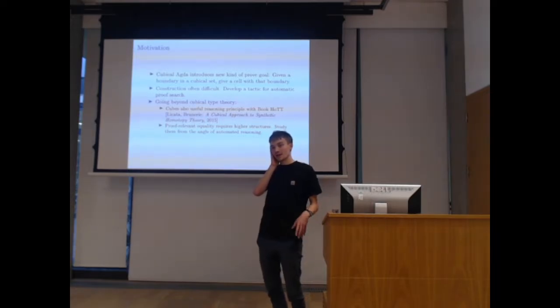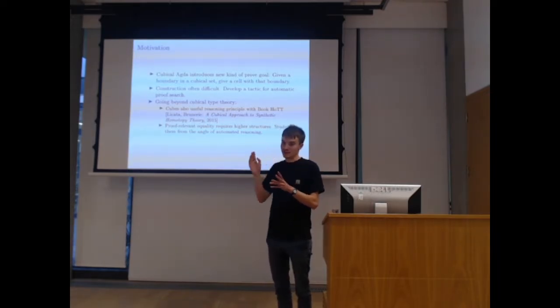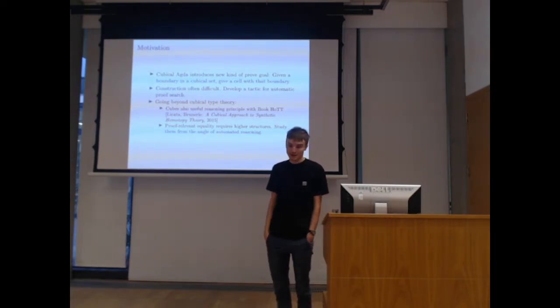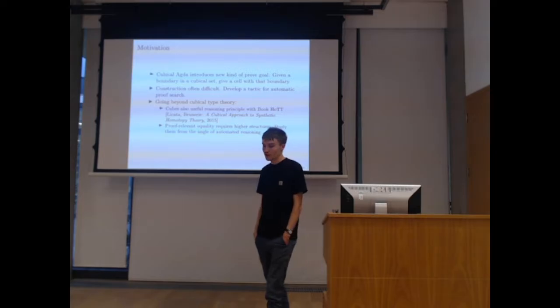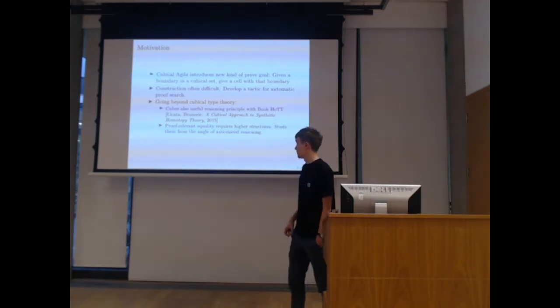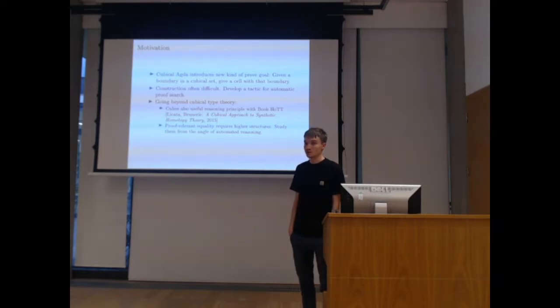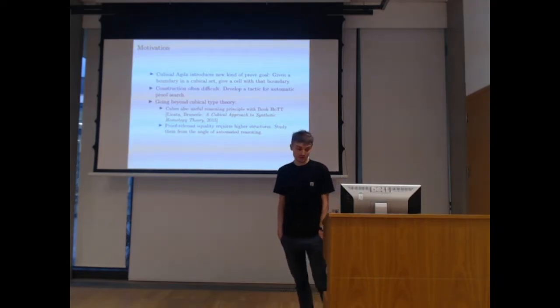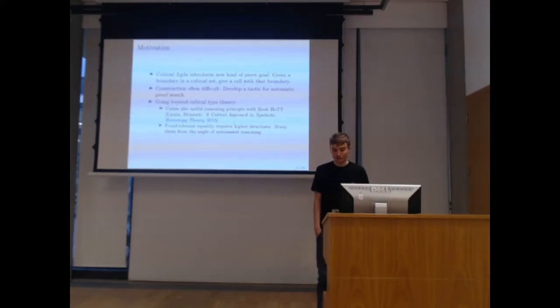Maybe looking at cubical type theory, but at some point also at these other approaches, including simplicial type theories, and understanding the complexity of proof search in these higher dimensional logics for proof-relevant equality can be useful to get a different angle on the issue of getting proof-relevant equality to work well in a logic. So this is the context.